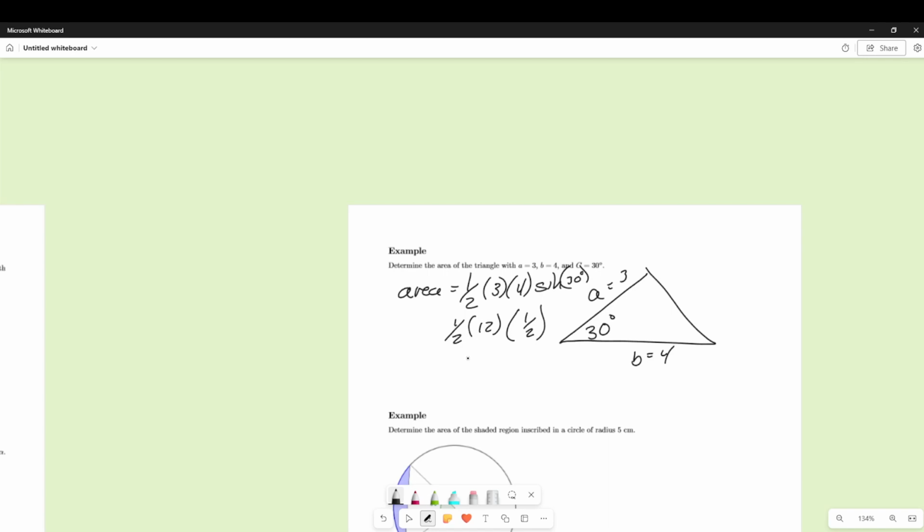So half of that's 6, and half of 6 is 3. Oops. So our area is 3, whatever the units are, squared. So, it's a nice tool.